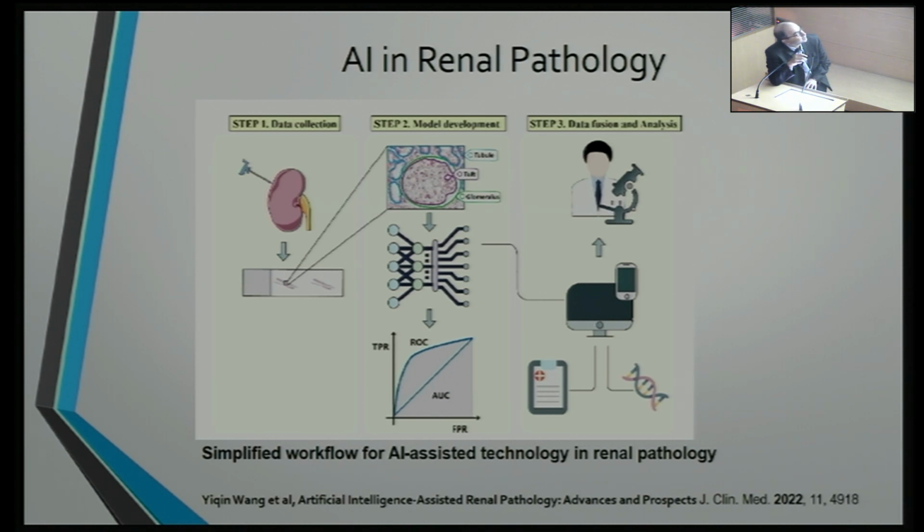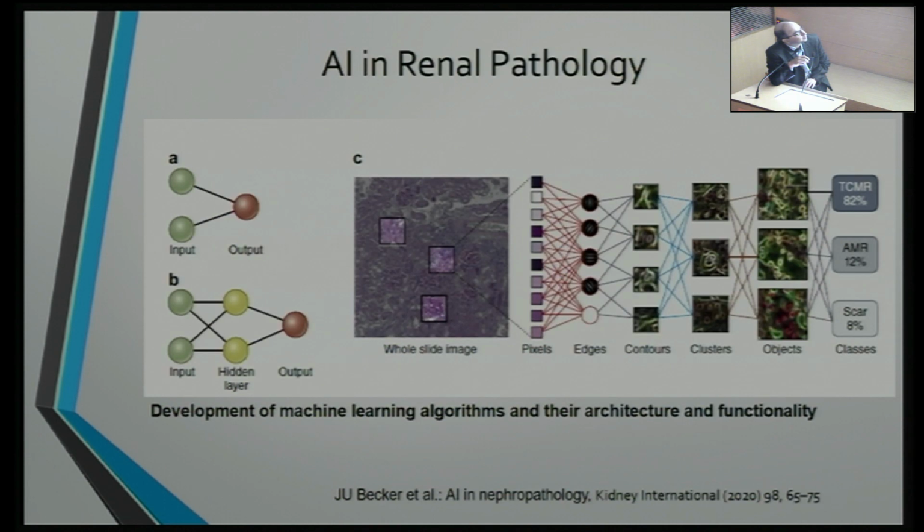After data collection, whole slide scanning of the images is done, and the whole slide scanned images are then fed to the complex neural network. Similarly, the input from the pathologists is also fed for these images, and then based on the clinical findings as well as the other data, they give a complete picture. But still, this is just a simplified workflow. A good robust platform which actually gives a complete wholesome picture is still lacking for renal pathology.